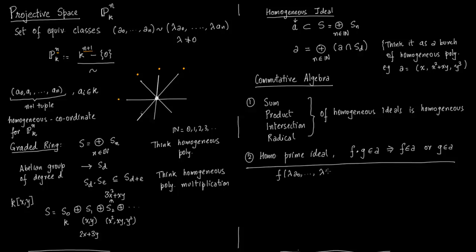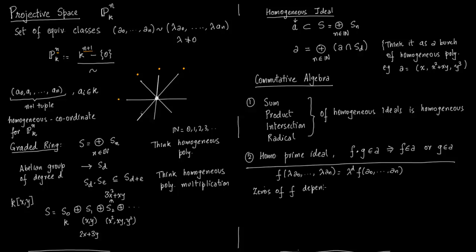Say f is a homogeneous polynomial of degree d. Then you can take lambda out, and this is what you will get. Now see, the right hand side is 0 if and only if the left hand side is 0. So zeros of f depend only on the homogeneous coordinates.